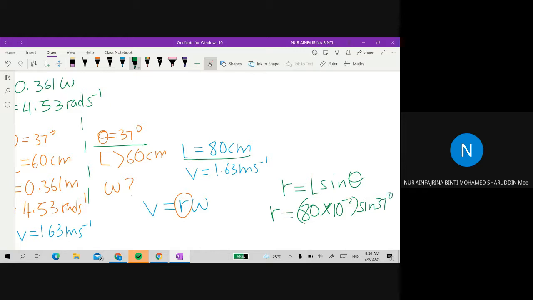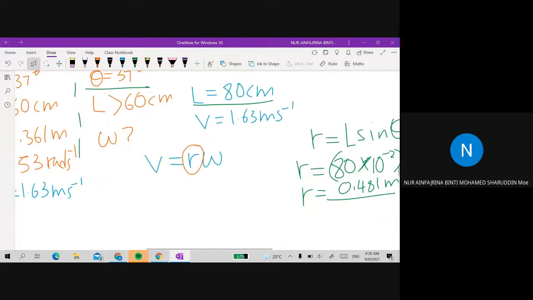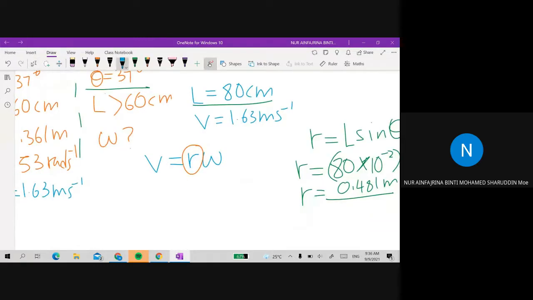Korang dapat berapa radius dia? 0.481 meter. Now bawa masuk balik dalam formula V equals to R omega. 1.63 equals to 0.481 darab omega. You akan dapat angular velocity 3.39 radian per second.